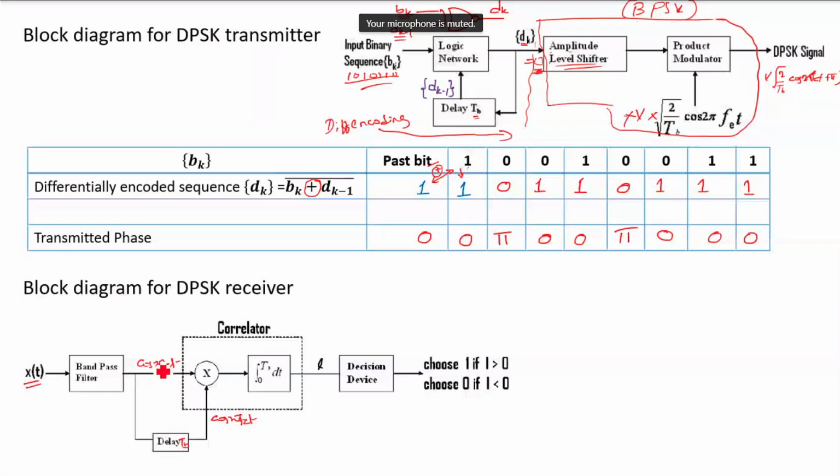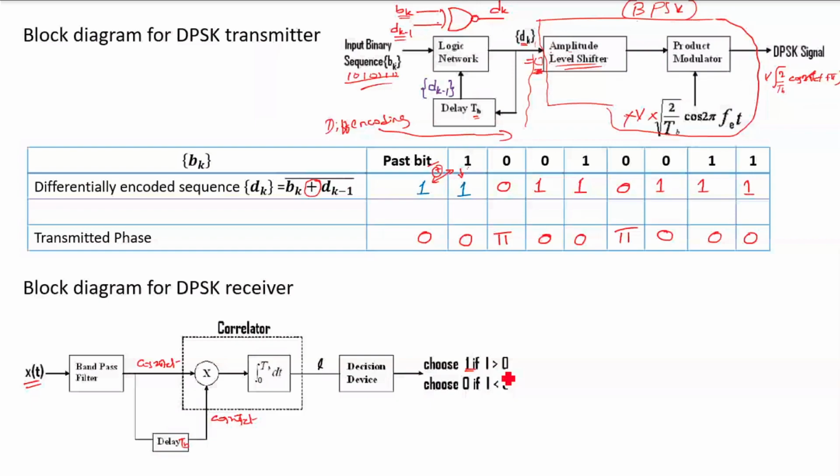This circuit is as if a correlator, and in fact I am not using a matched filter here. Multiplying and passing through an integrator will give you a positive value. Let us say this is a positive value, what decision will be made? Decide in favor of symbol 1.